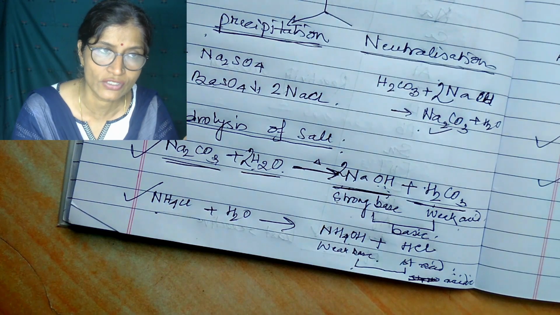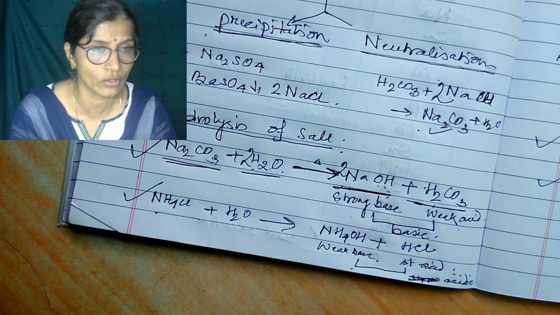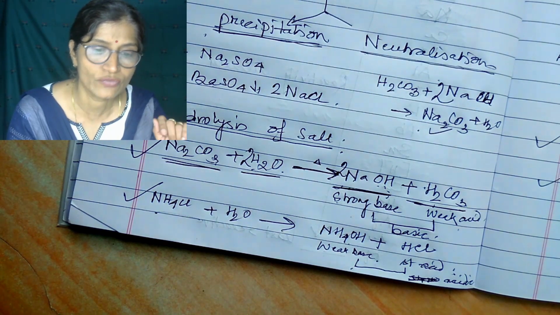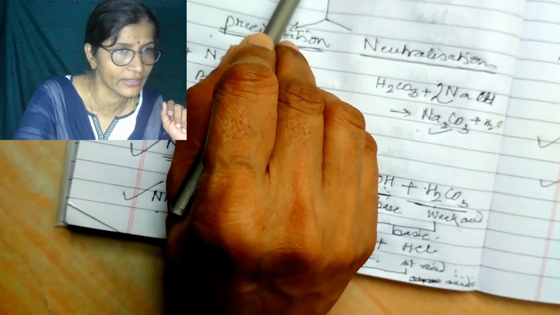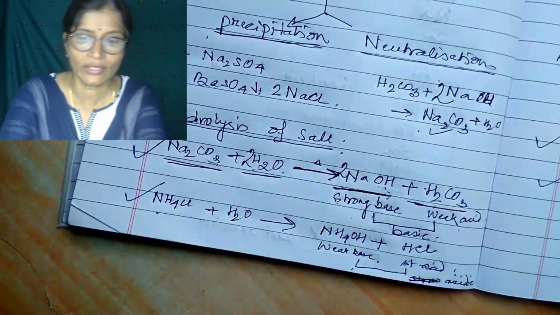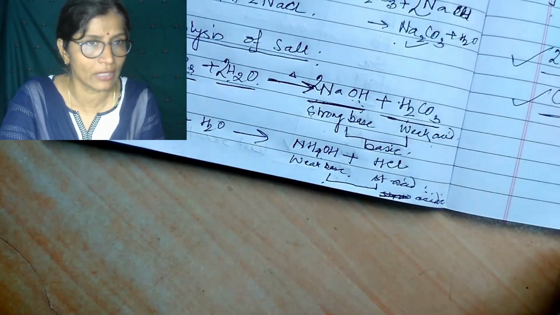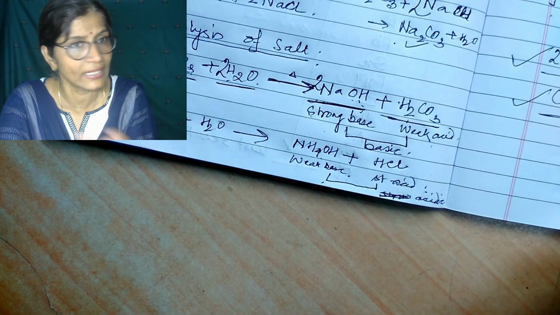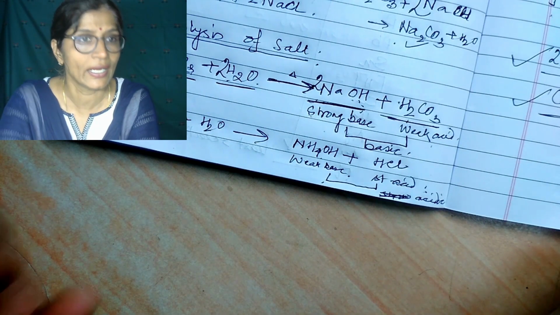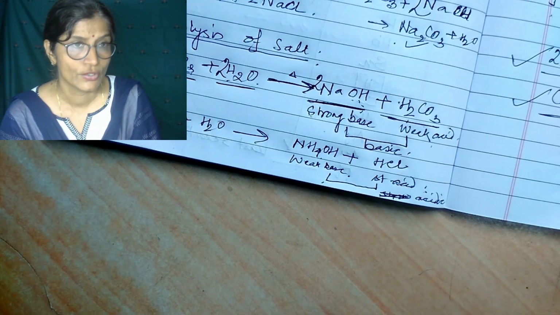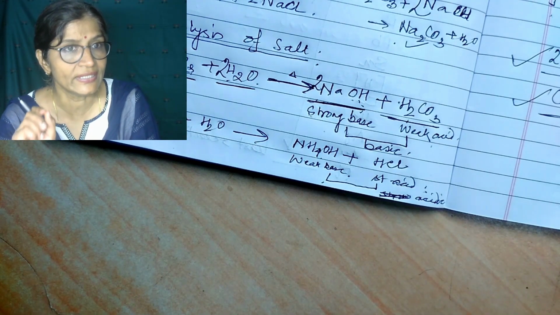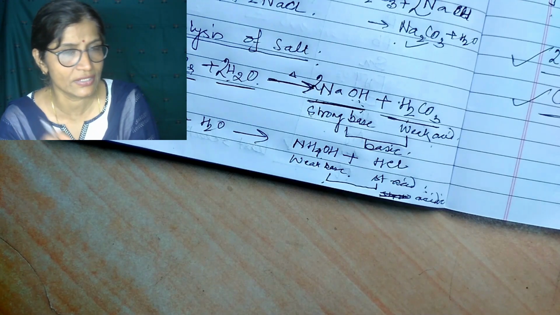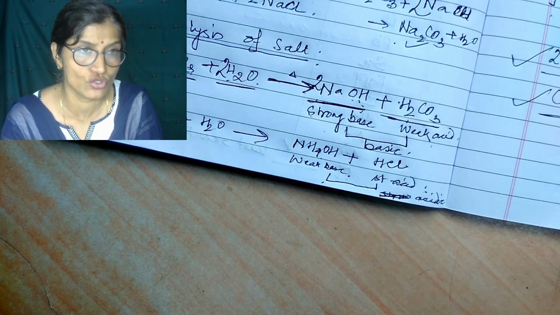In case of a salt which is formed by a strong acid and strong base like sodium chloride, it is formed by sodium hydroxide and hydrochloric acid. Or ammonium carbonate, it is formed by a weak acid and weak base, that is ammonium hydroxide and carbonic acid. So the resultant solution will neither be acidic nor basic, it is almost neutral.